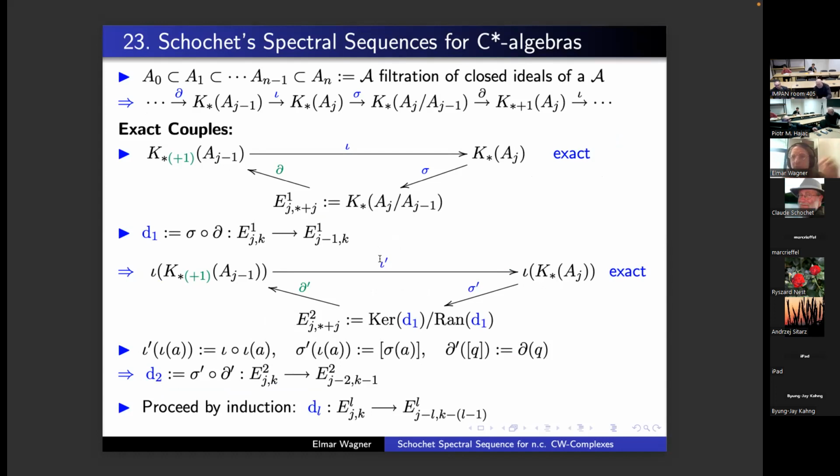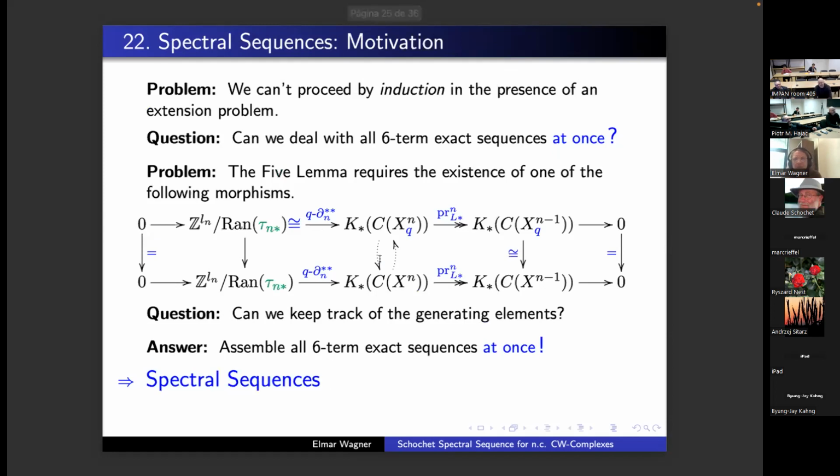Could you discuss a little bit your previous page? Yes, the previous page of the spectral sequence. So first of all, you are assuming that you have some maps. You are doubting if there is a way to define some middle map, but you take as granted that you have these maps.